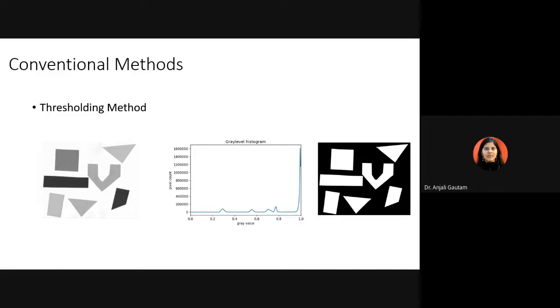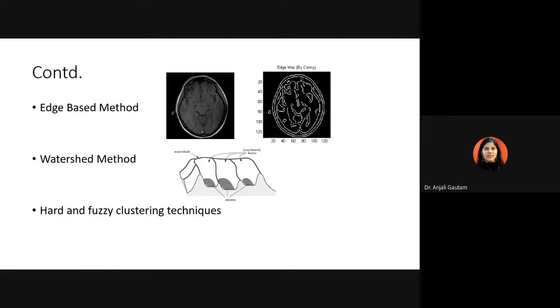Then they find a threshold value, and on the basis of that threshold value they partition the image into two different categories. Let's say one category belongs to the object and one category is the background. Like here, the white region is showing you the foreground and black is your background. So these are the conventional methods.